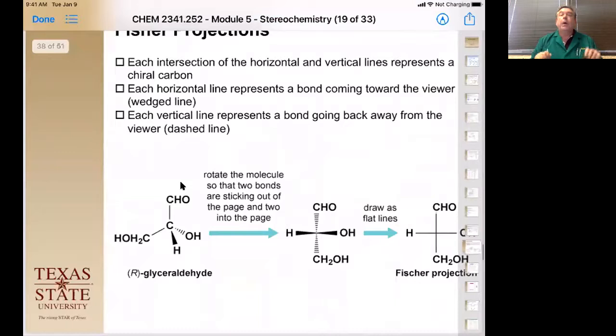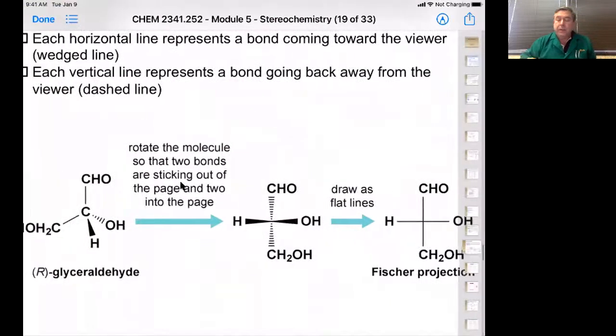Okay, so by orienting our Fischer projections in the same way every single time, we don't have to draw the wedges because it's going to mean the same thing. So whenever we have just a single stereocenter, we're going to have just one intersection, and then we're going to have these ones are the ones going behind the plane, and these horizontal ones are the ones going out to the plane.